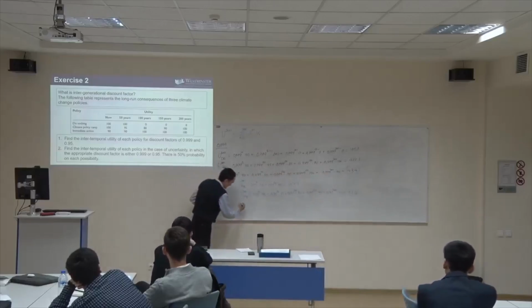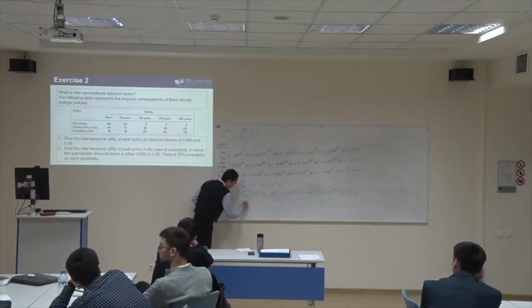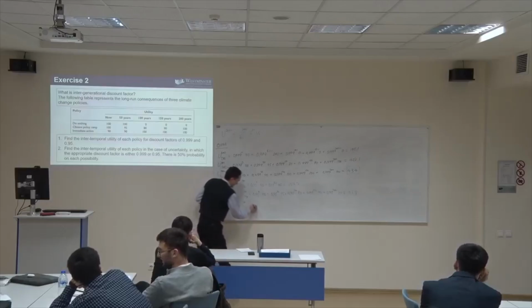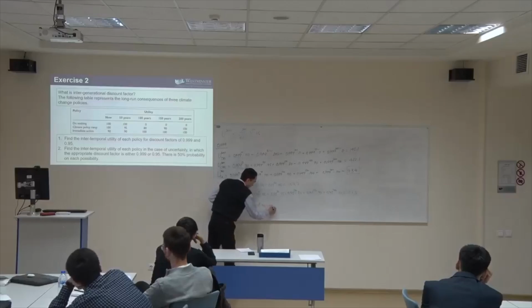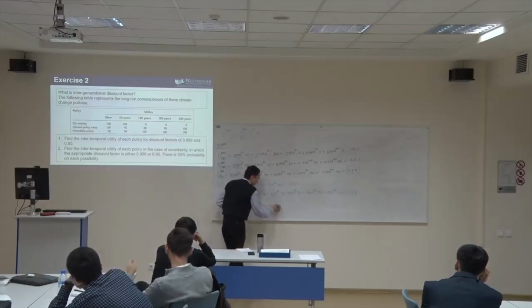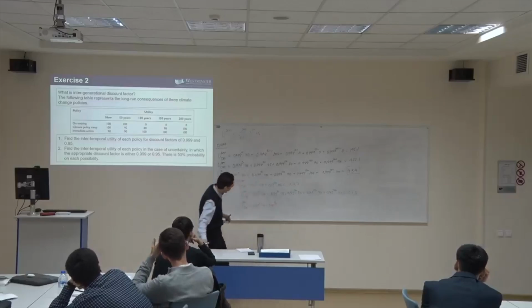Then for 200 years, immediate action: 0.95 to the power of 0 times 100, plus 0.95 to the power of 50 times, oh sorry, it's 90, right?